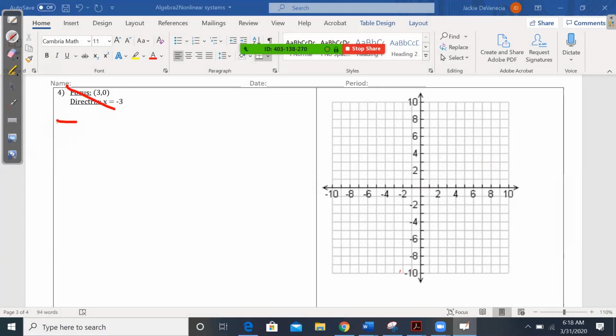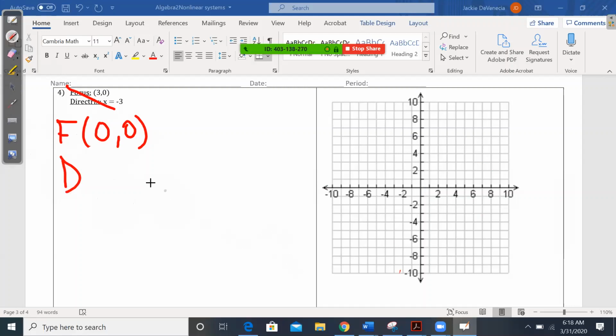So let's say my focus was (0, 0), and my directrix was, whoops, that's not a point. It's not supposed to be a point. It's a line.